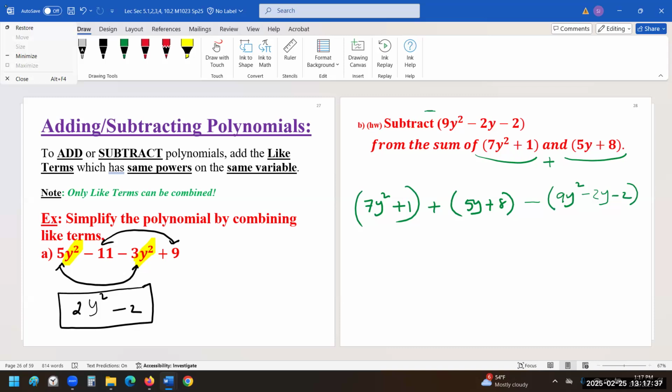Are you guys ready? Then check with your neighbor. Do you have the same answer? And then if you don't have the same answer, check which of you has the wrong answer.